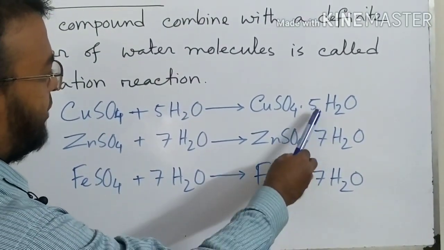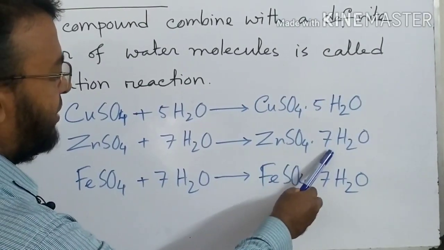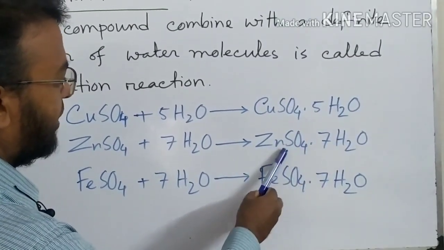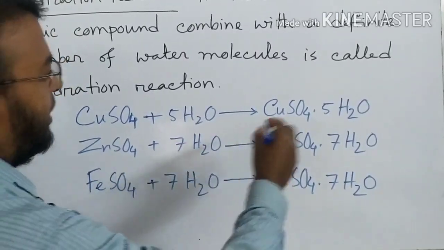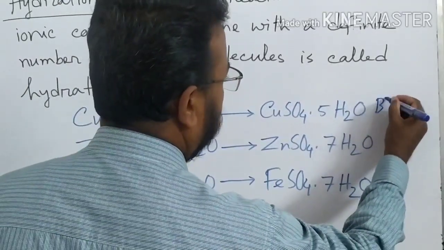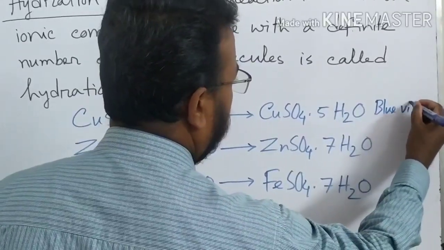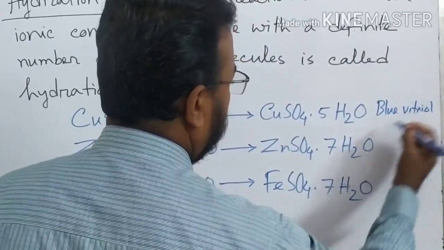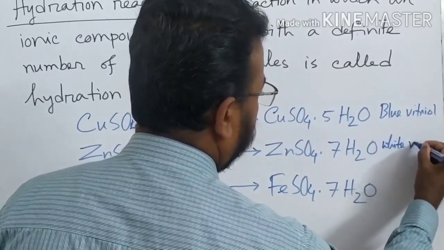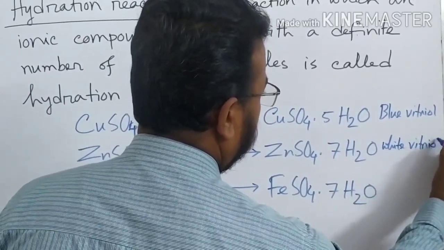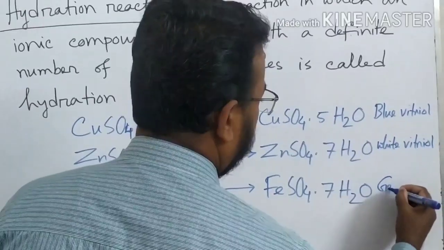Penta means 5, hepta means 7, so heptahydrated zinc sulfate, heptahydrated ferrous sulfate. So this another name is blue vitriol. This one is white vitriol. This one is green vitriol.